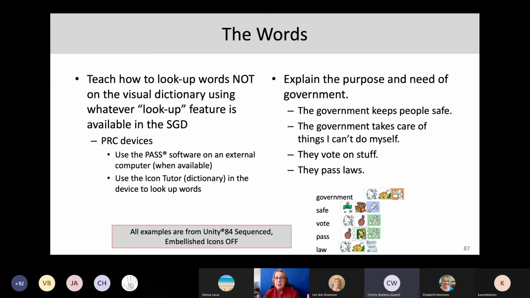I let them know that this wall chart has a lot of vocabulary on, but not all the words. And I'll teach them, if you need a word, I'll teach you how to look up words in the kid's device if it's not in there.